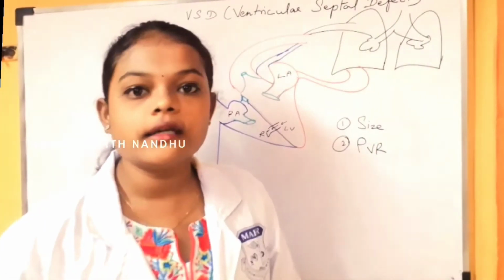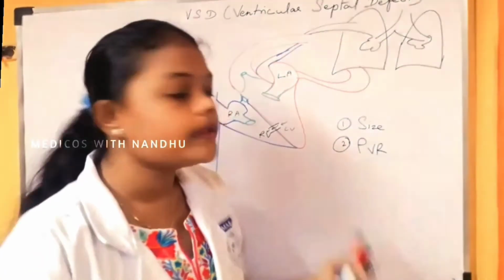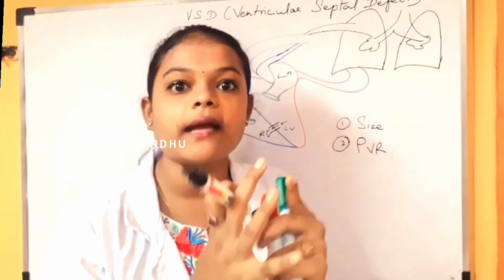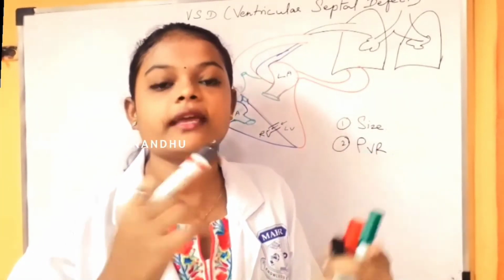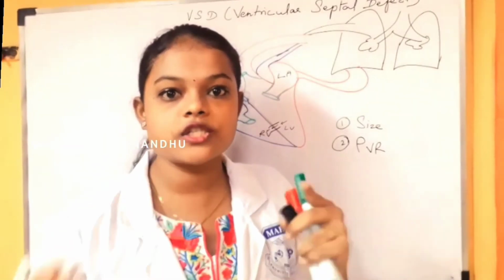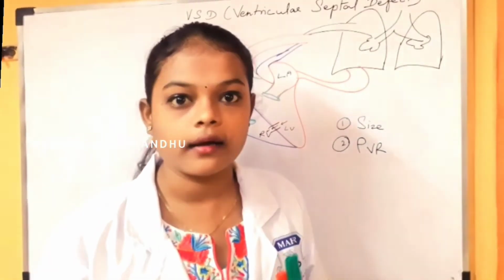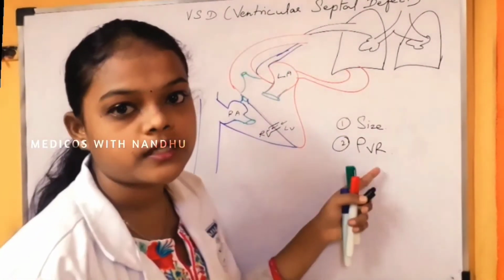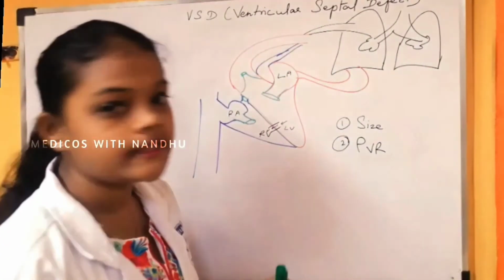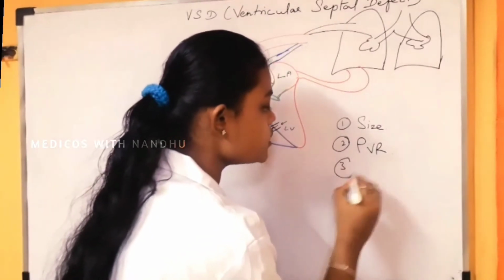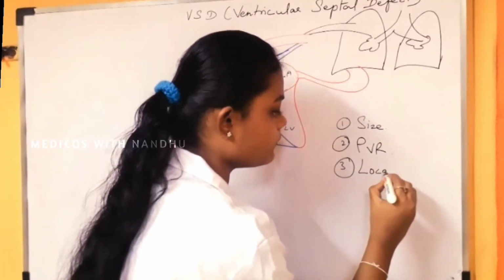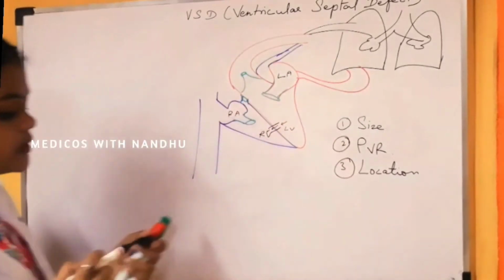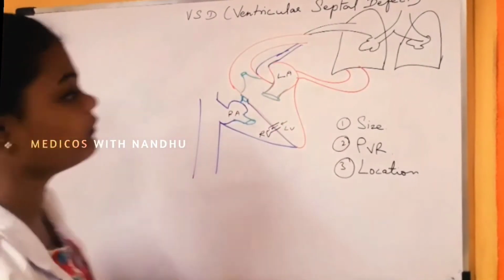When mother delivers us, the pulmonary vascular resistance decreases because the lungs become enlarged and we can breathe, and oxygen and carbon dioxide transport occurs. So the shunt depends on the size and pulmonary vascular resistance, and also on the location of the defect. Okay, so this is ventricular septal defect.